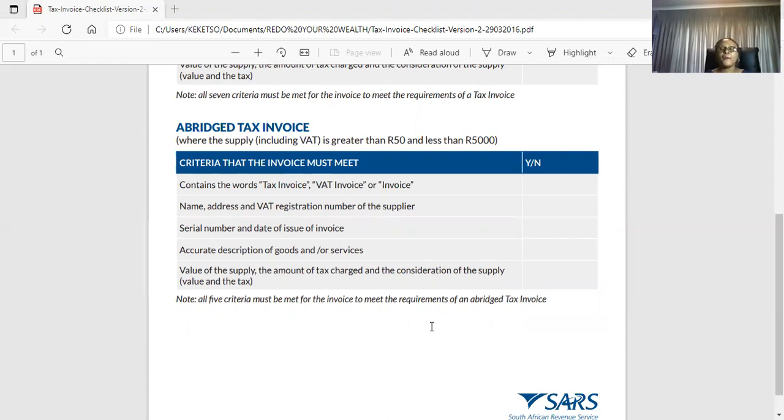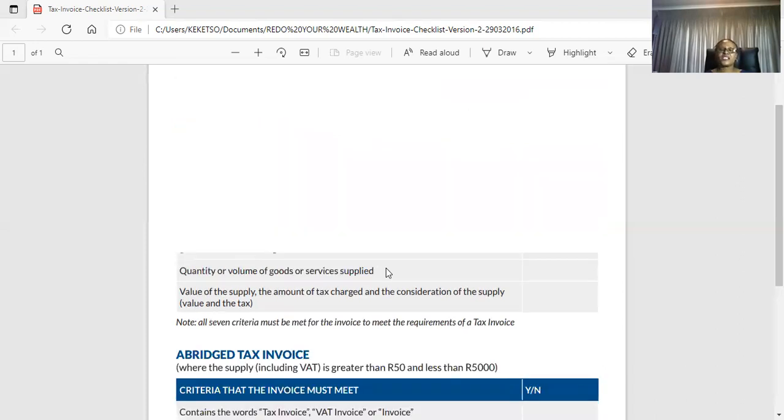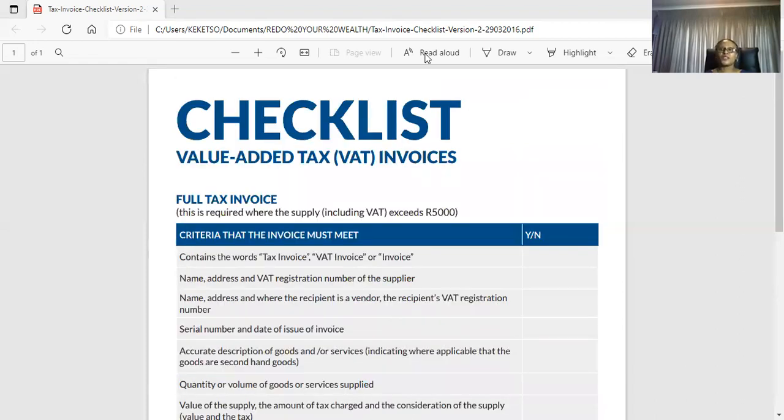And then the serial number and date of issue of the invoice, an accurate description of goods and services, and then you put the value of the supply, the amount of tax charged, and the consideration of the supply, which is the value and the tax. So these are the requirements of the invoices according to SARS.